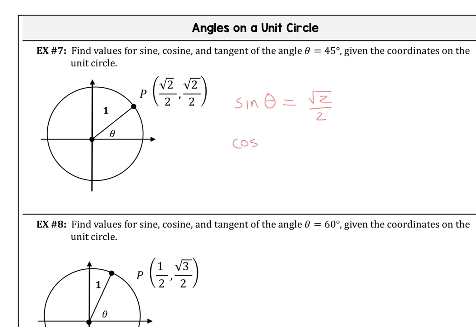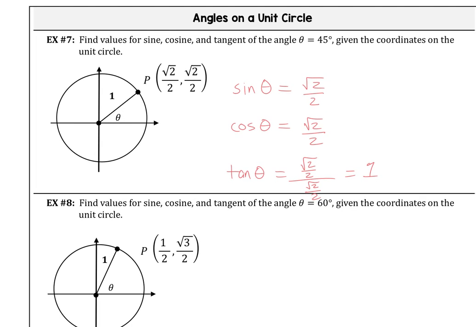The cosine is the x coordinate, root 2 over 2. And remember, tangent of theta is going to be y over x, which is root 2 over 2 divided by root 2 over 2. Well, you divide anything by itself, and you get 1. So the tangent of 45 is 1.